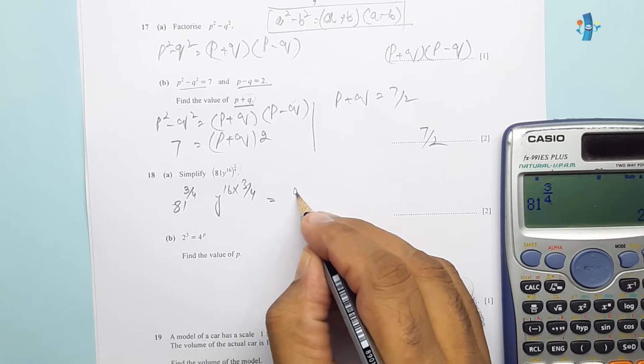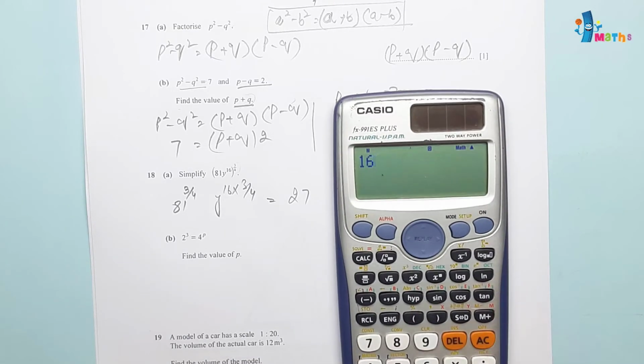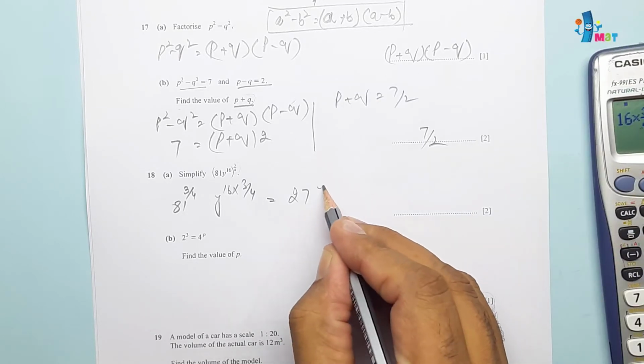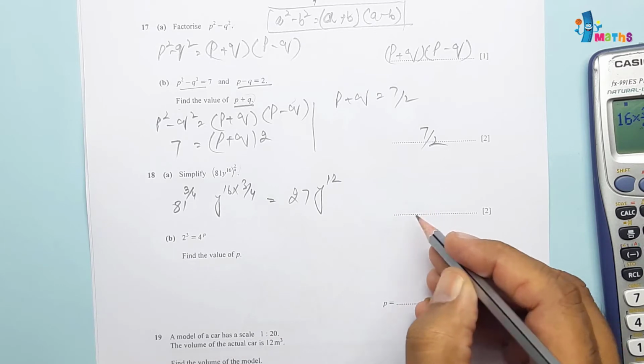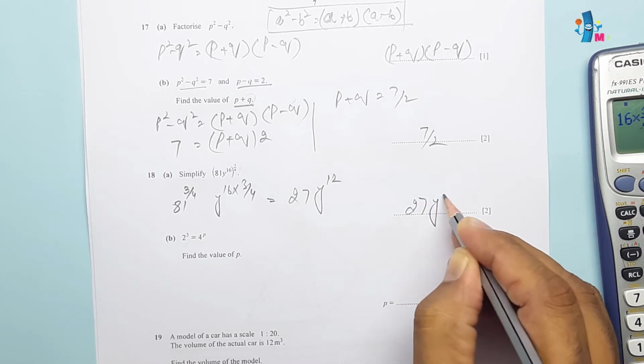So we will write here 27, and 16 multiplied by 3 over 4 will be equal to 12. So y raised to the power 12. Our answer will be 27 y raised to the power 12.